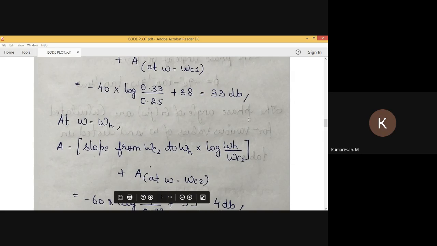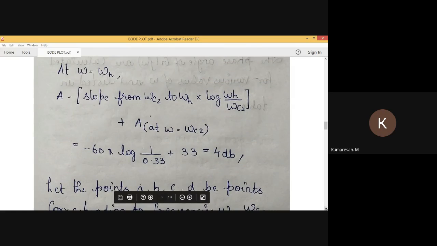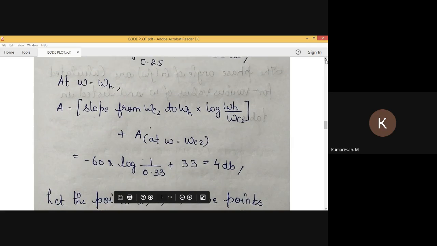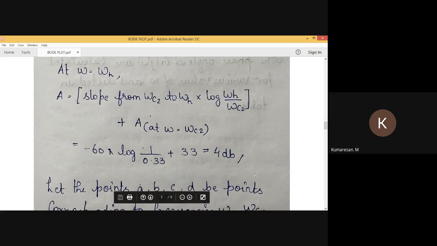Now we substitute the values: minus 60 times log of the higher frequency we chose, 1, divided by the second frequency from the transfer function, 0.33, plus the previous value 33. Now we get 4 decibel.